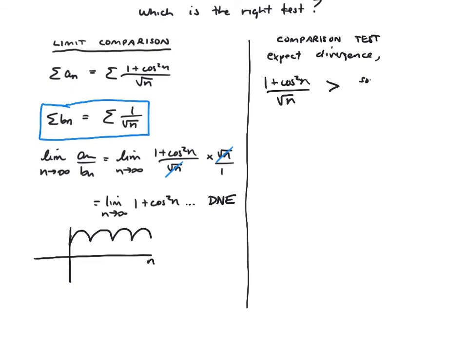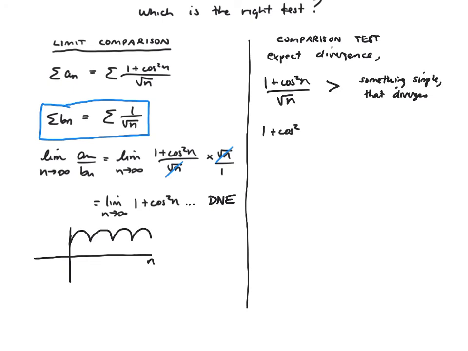So this would be something simple, and when I say something simple, I mean almost always it's going to be a p series. And I want it to diverge because then I want to be larger than a divergent function. So this is my setup, and now I just go to work.